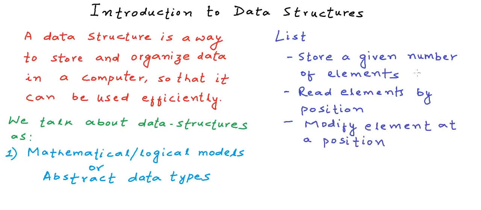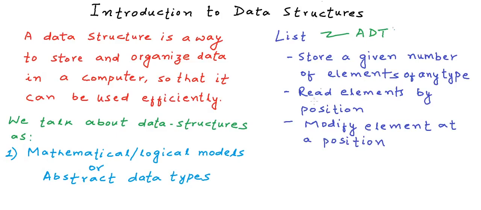I would say store a given number of elements of any data type. So we are just defining a model. Now we can implement this in a programming language in a number of ways. So this is a definition of an abstract data type. We also call an abstract data type an ADT.